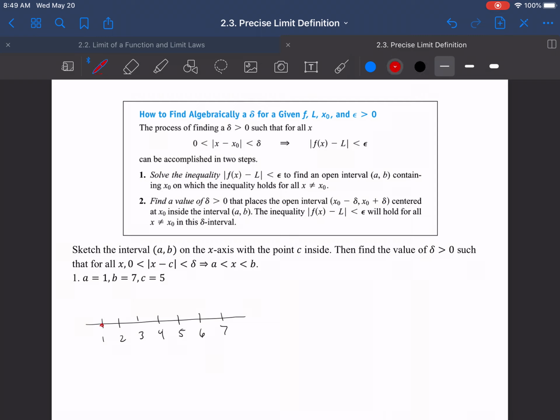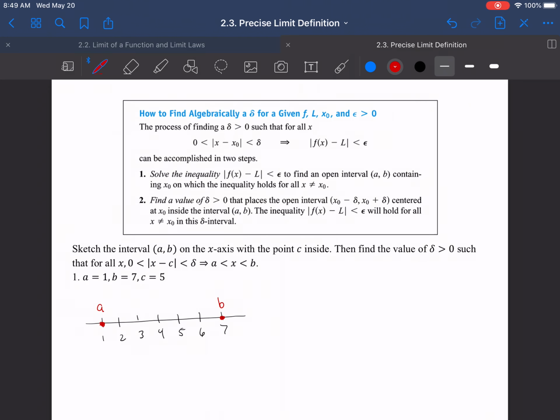So this is a, this is b, and then they're telling us that c is at 5 right there. Oop, no, that's not 5, that's 4. C is at 5, right? So 5, and this is 7, and this is 1, right? That's where I got those values, they're given.